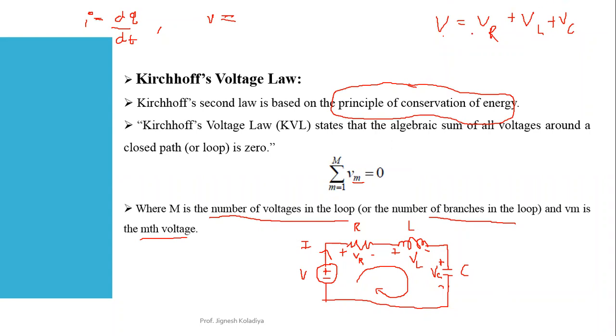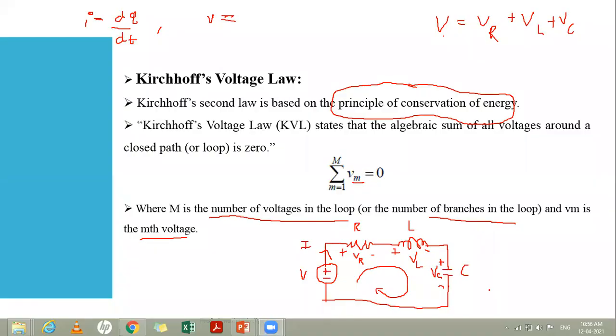dV by dt? No. We can write it in terms of work done. E is equal to VI, I equal to dq by dt. No, no, no. Okay, let me tell you.